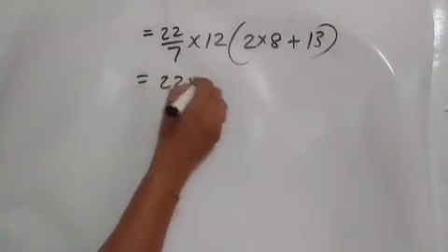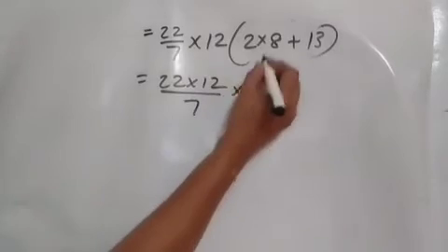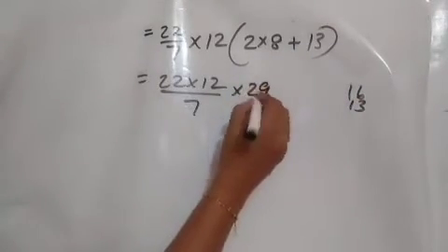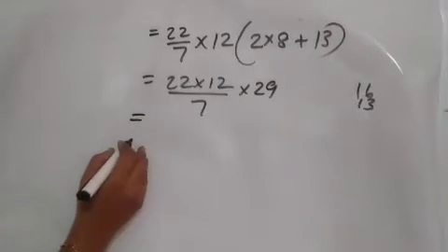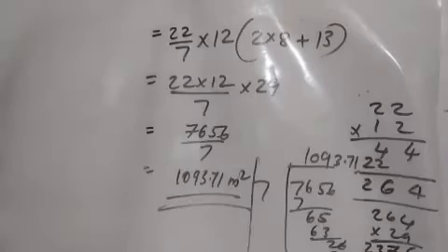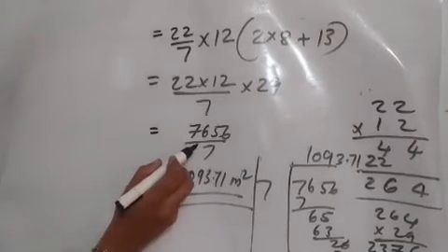So 22 into 12 by 7 into (2 eights are 16 plus 13, 29). So multiply and divide. We will obtain the surface area of the tent as 7656 by 7.